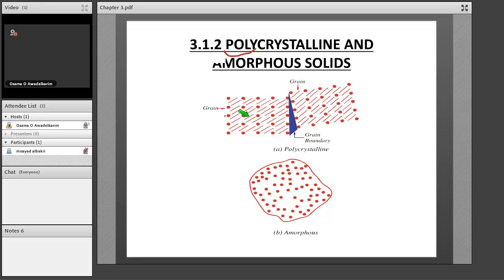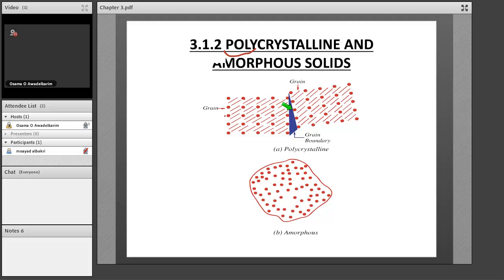Each one of these single crystal sites is called a grain or crystallite. All the grains are single crystals, but they are connected by grain boundaries, which are an irregular part of the crystal.